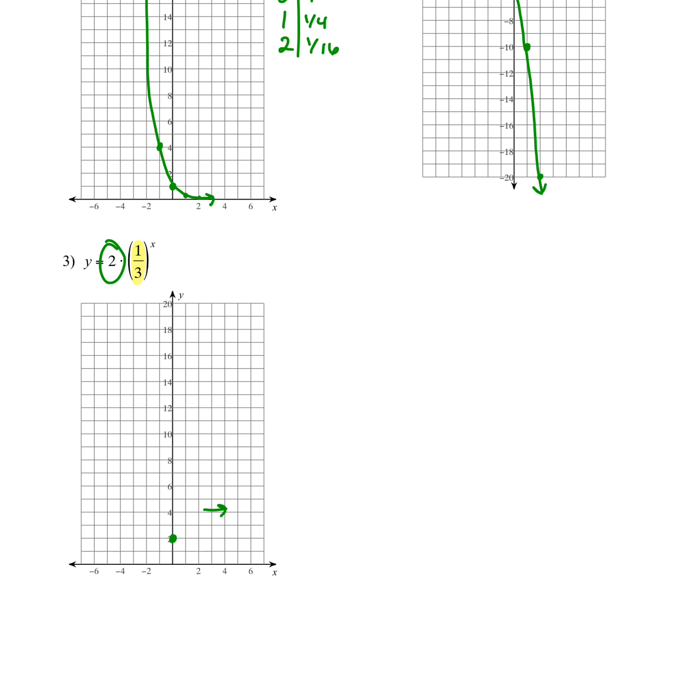Going this way, I'm dividing by 3, which means going that way, I would be multiplying by 3. So 2 times 3 is 6. 6 times 3 is 18, and that's as far as I can go that way. 2 divided by 3 is 0.67, and then I would cut that in a third, and I would just keep getting closer and closer to the x-axis that I would never cross over. And there is my graph.